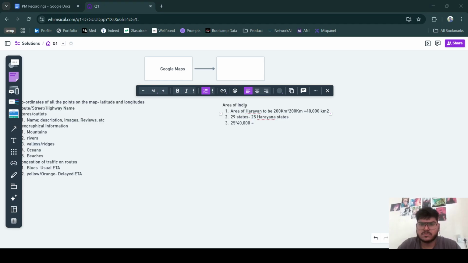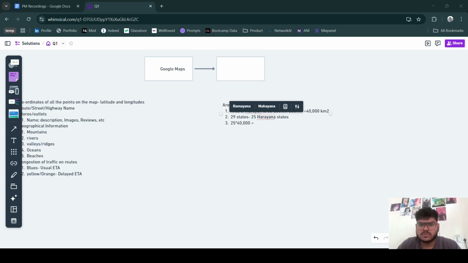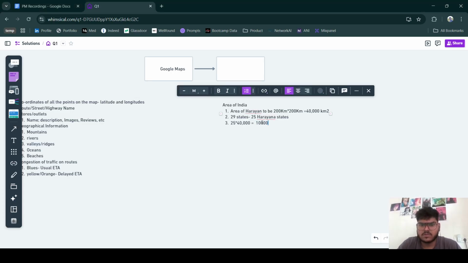That will come around 10 lakhs, sorry, 10 lakhs kilometers square.